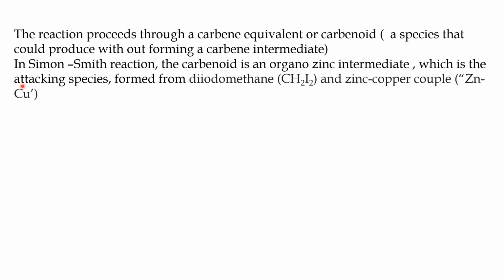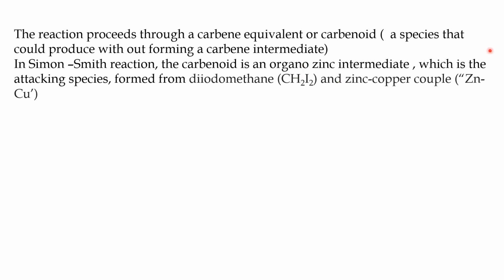In this reaction, the carbenoid is an organozinc intermediate. That is the attacking species, which is formed from methylene iodide and zinc-copper couple. So methylene iodide and zinc-copper couple react in the first step of the mechanism to form a carbene equivalent or carbenoid, and this carbenoid does not have a free carbene intermediate, but it provides carbene in the second step of the reaction.